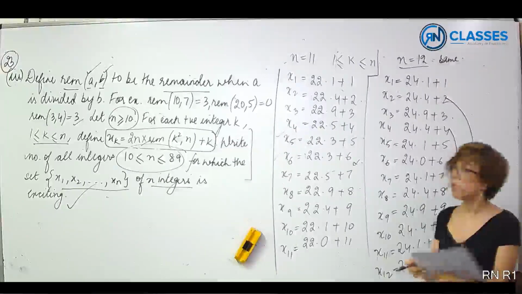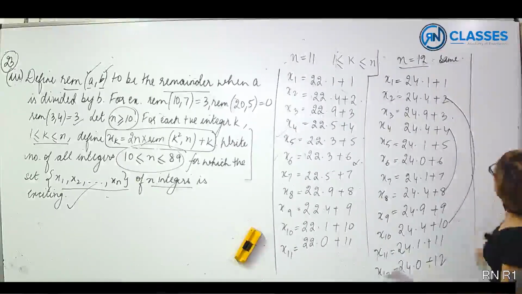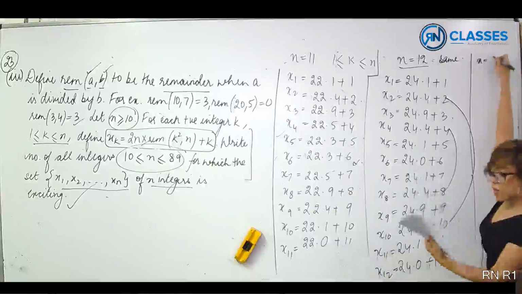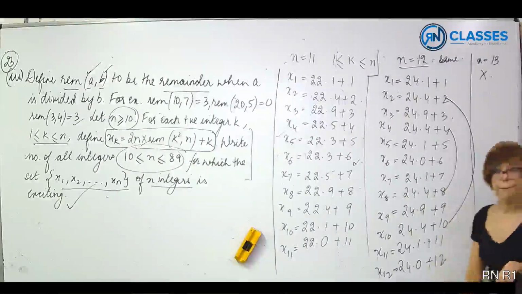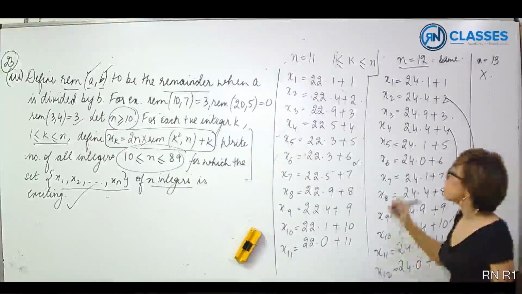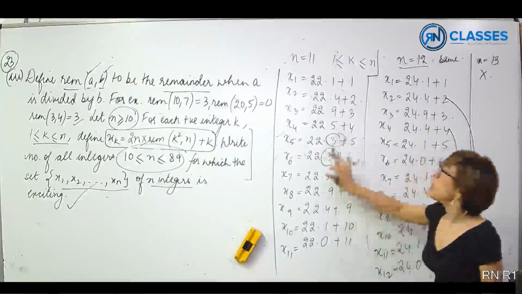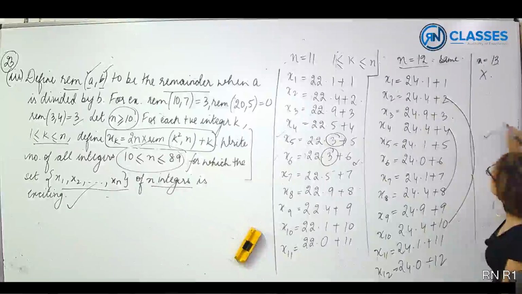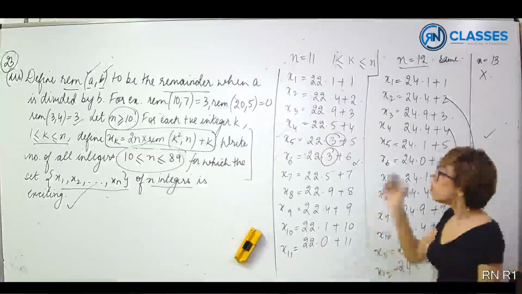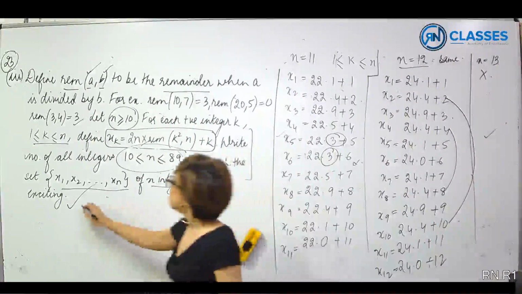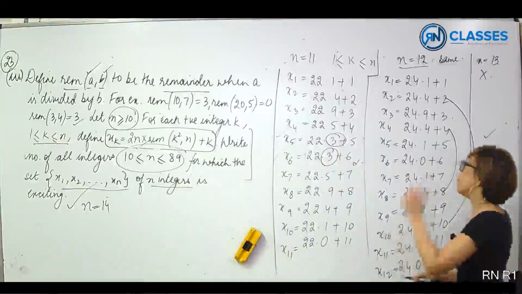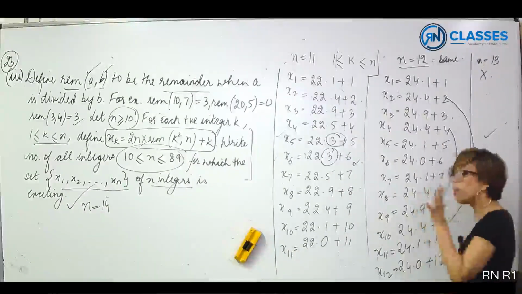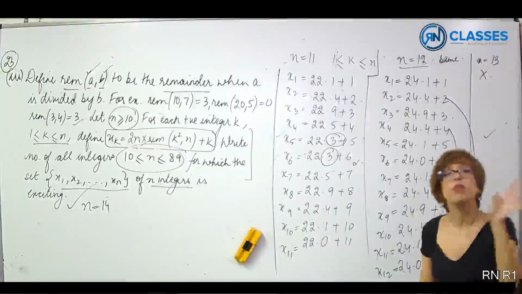You will check for n is equal to 13. Right? Again, when you check for n is equal to 13, you will realize you cannot find any. Why? Because of repetition, see, 3 occurs twice. That happens in 13 also. Repetition is there. Then you will check for n is equal to 14. You realize that repetition is not there, right? And that is why somehow you are able to find 4 numbers so that the sum of 2 is equal to the sum of the other 2.